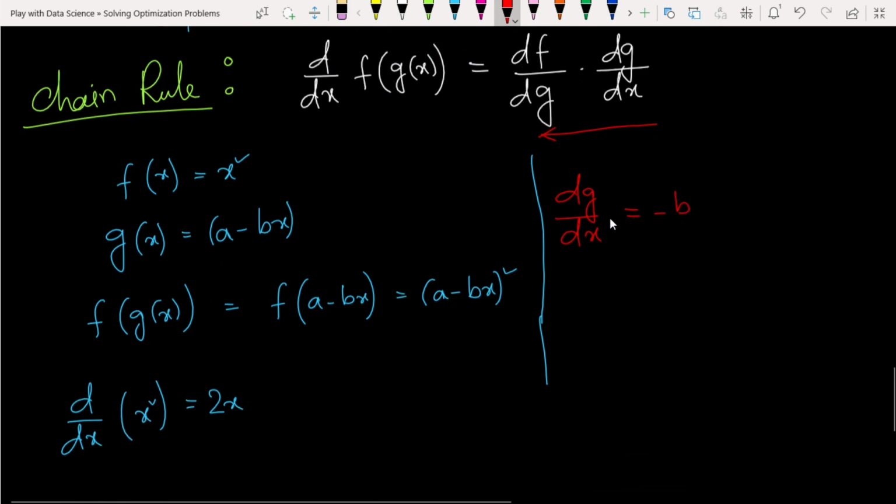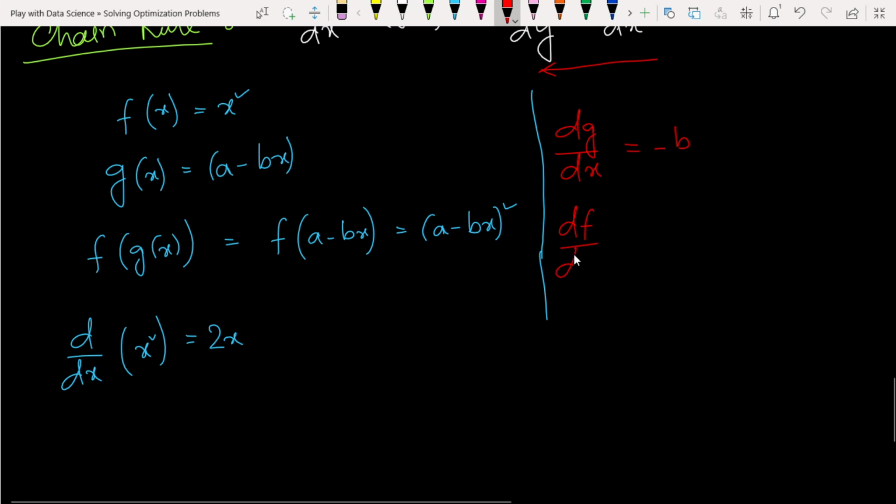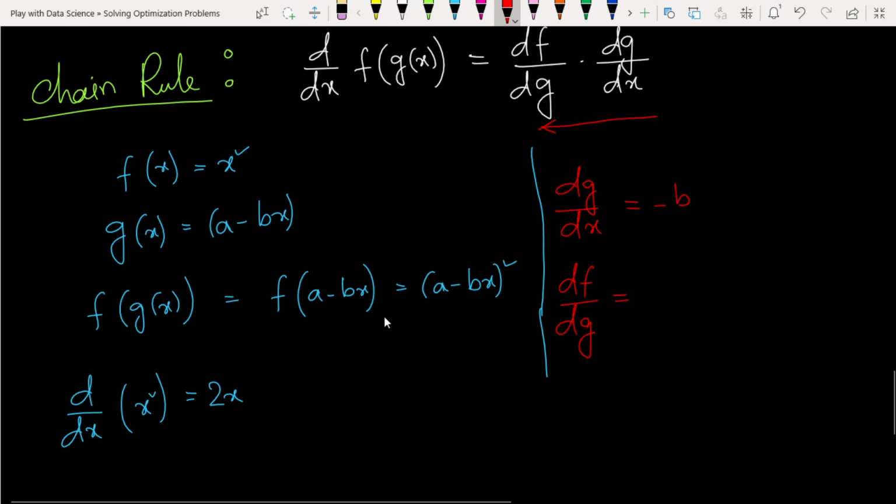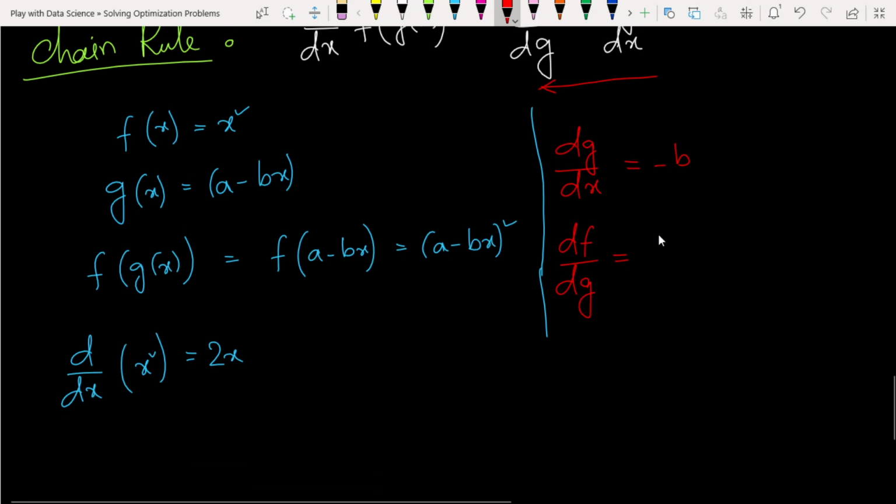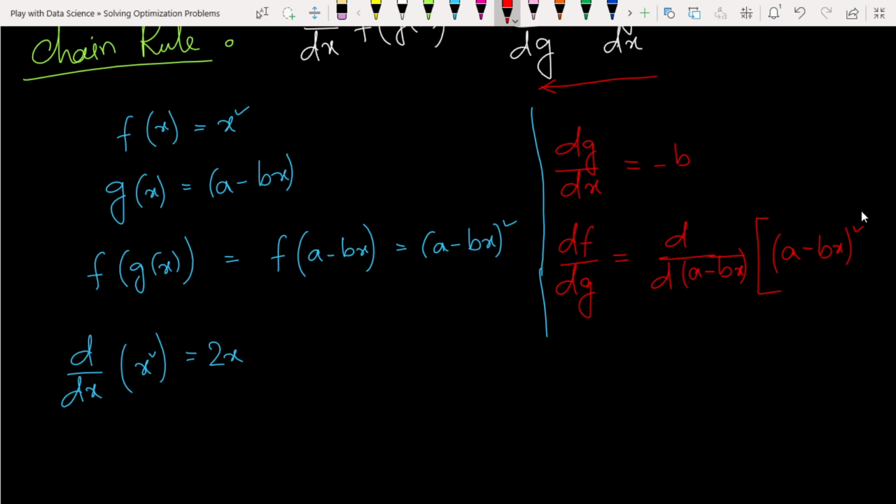Now coming to this part, df by dg. For df by dg, the function is a minus bx whole square.